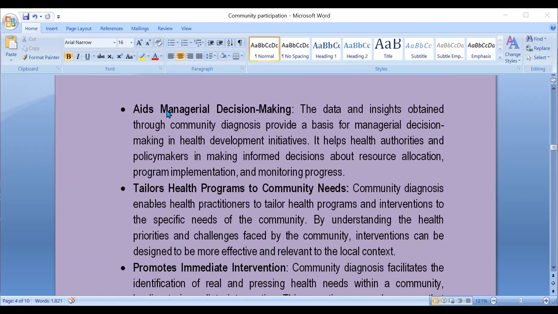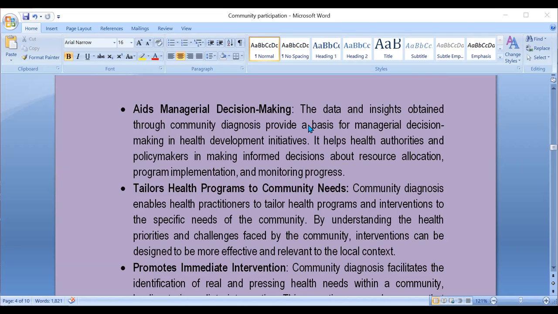It aids in managerial decision-making. The data and insight obtained through community diagnosis provide a basis for managerial decision-making in health development initiatives. It helps health authorities and policymakers in making informed decisions about resource allocation, program implementation, and monitoring progress.